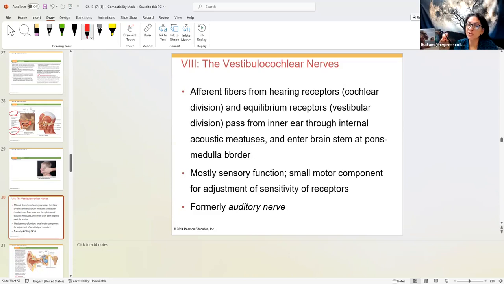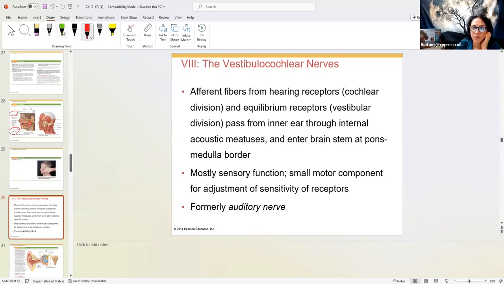At the cochlear region, we have hearing receptors, and at the vestibular region, we have the receptors for balance and equilibrium. That's the reason we call this nerve the vestibulocochlear nerve. The vestibular division and the cochlear division of the inner ear are going to carry the information about hearing and equilibrium, or balance.